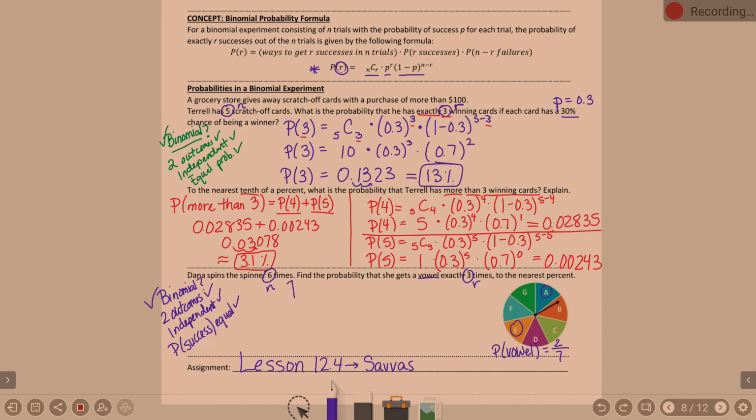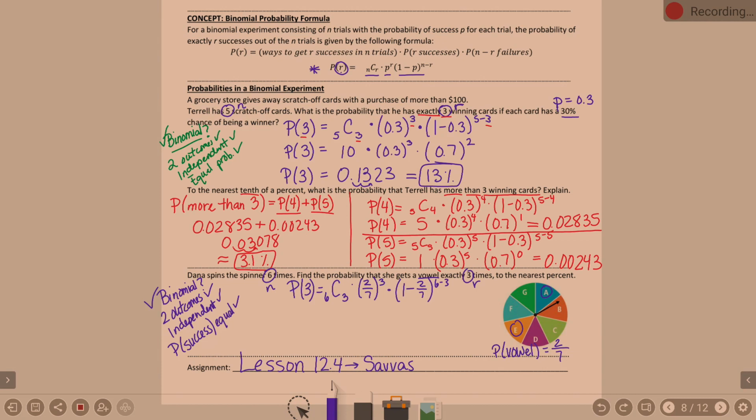Okay, probability that she gets a vowel 3 times. NCR. So that's going to be 6C3. P to the R. So the probability is 2/7 raised to the R, which is 3. Times 1 minus P. So 1 minus 2/7 raised to the N minus R. So raised to the 6 minus 3.